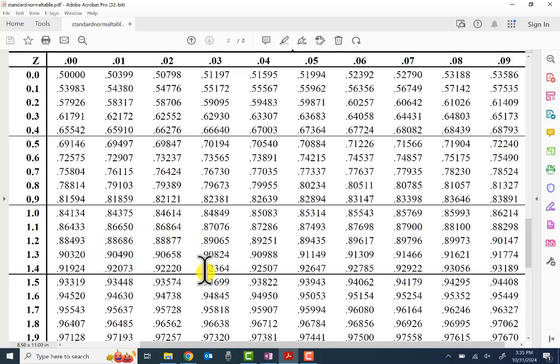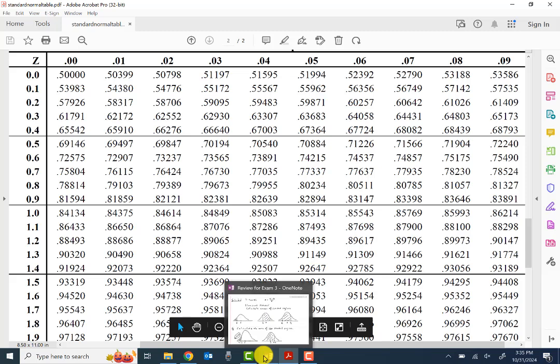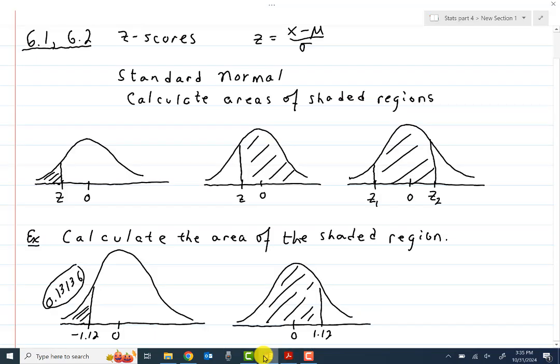And 0.86864. I can kind of check myself too. If I take this number here and add it to this number here, I should get an area equal to 1, which it looks like that does add up to be.